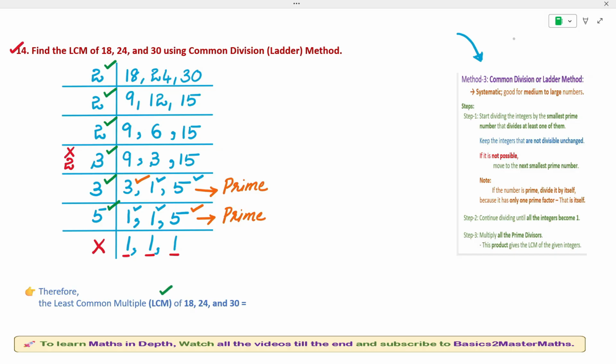Therefore, LCM of 18, 24 and 30 is 2 multiplied by 2 multiplied by 2 multiplied by 3 multiplied by 3 multiplied by 5 gives you 360. Got it?